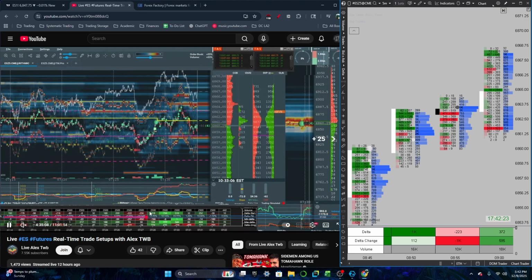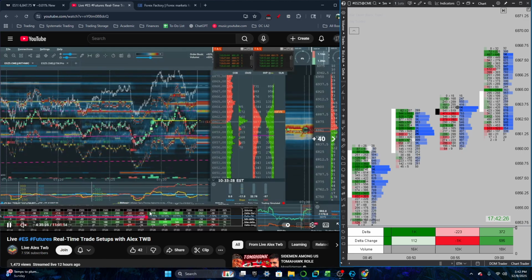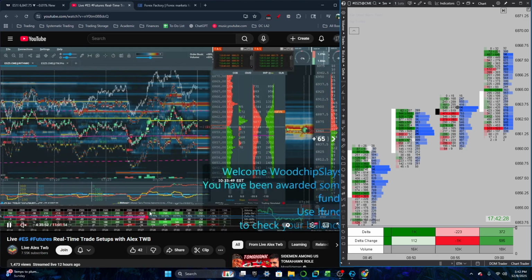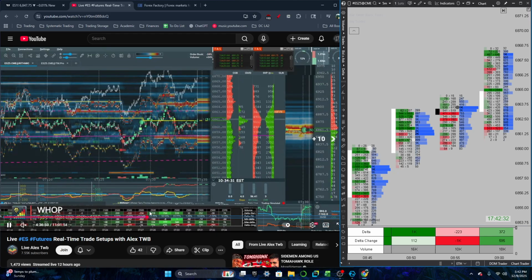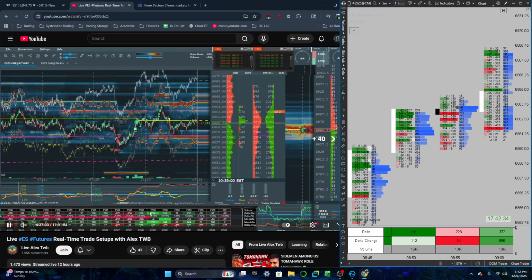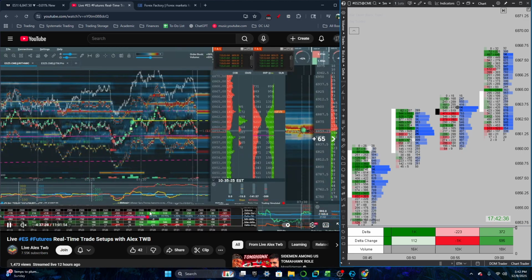I'm looking for stuff that I could potentially take, but right now it's looking 50-50 if we're gonna take the upper one or lower one. Leaning towards the down one simply because we're closer. And we had that big buyer that's failing.